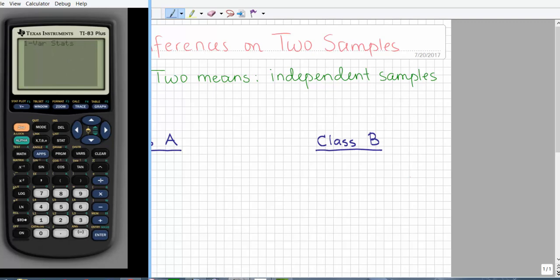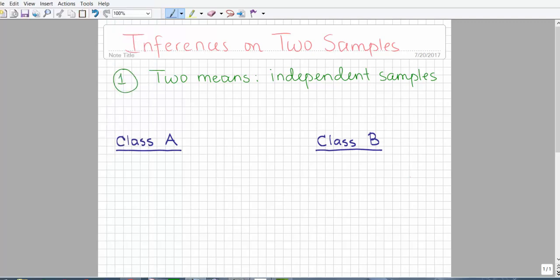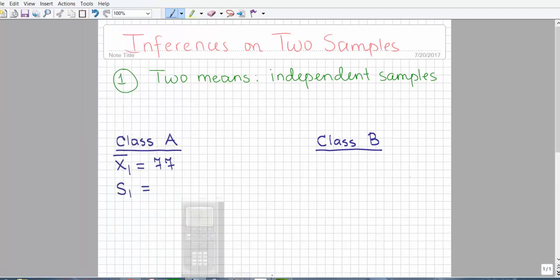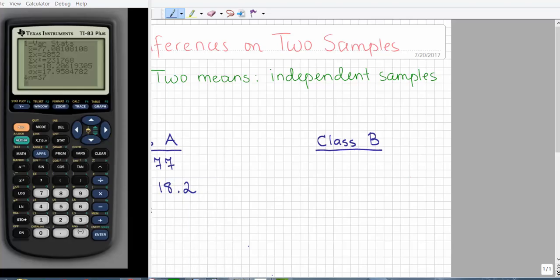I'm going to do one variable statistics for class A, which is stored in L1, and that gives me the following information. I have a sample mean of 77. My sample standard deviation is 18.2, and my sample size here was 37.